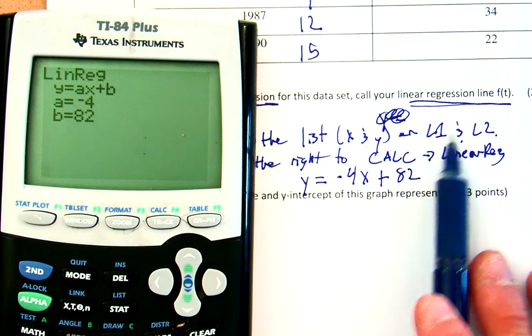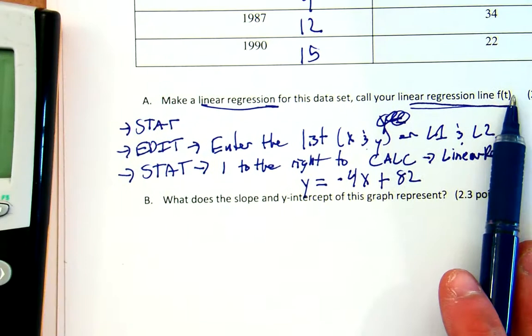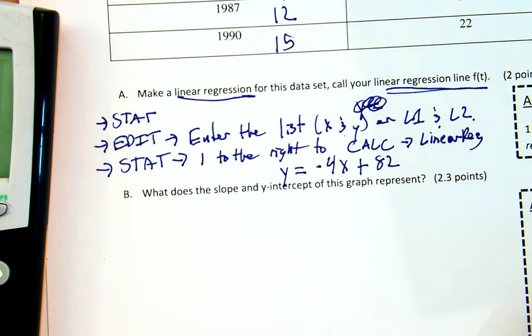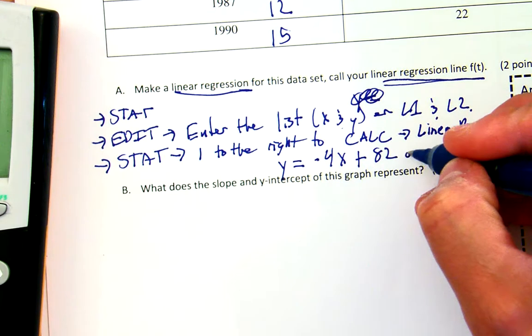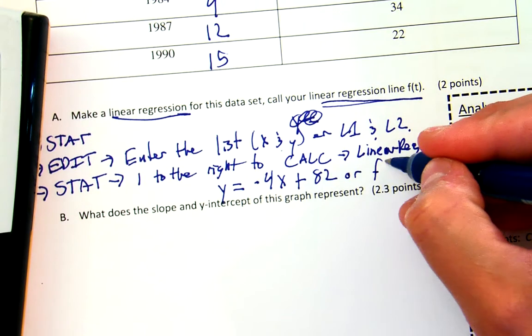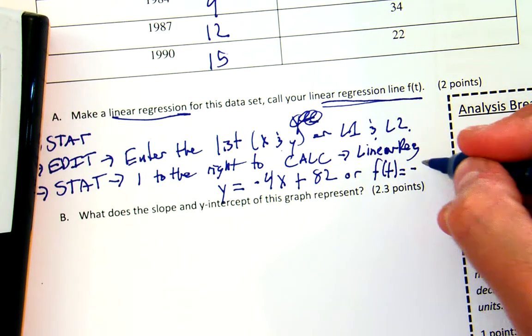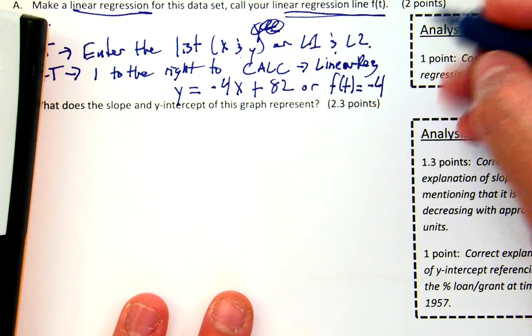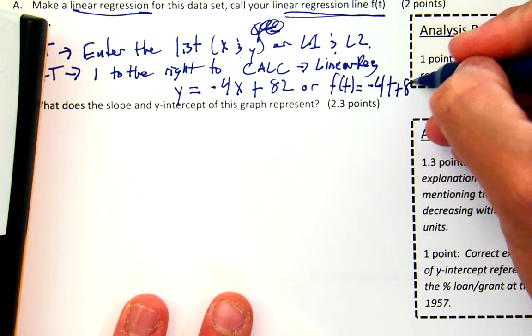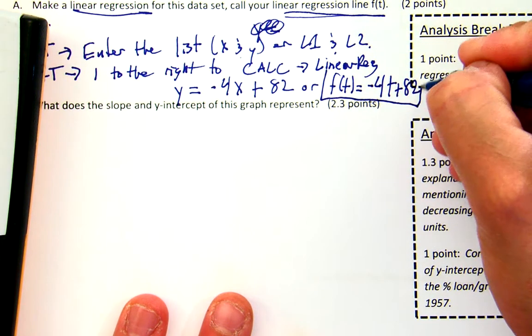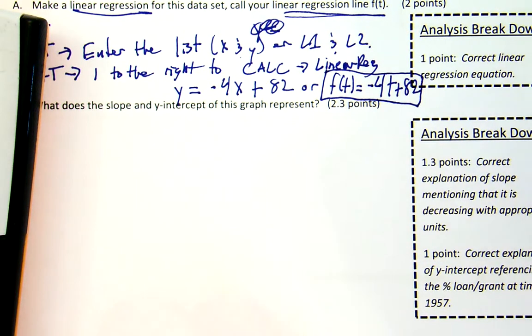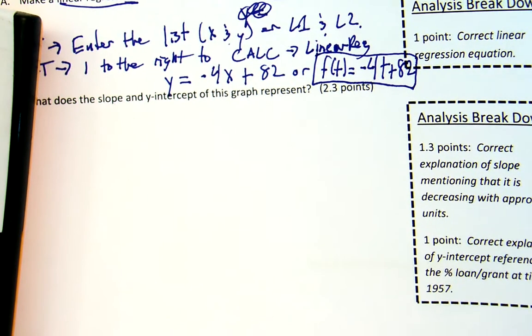What did I ask you to call it? F of t, right? Call this f of t. So when you're done, you can say, okay, let's call it f of t equals negative 4t plus 82. You should put it as such, though, because I asked you to write it as f of t. If you don't, I'm not going to take off points, but you really should, okay? And that's part A.